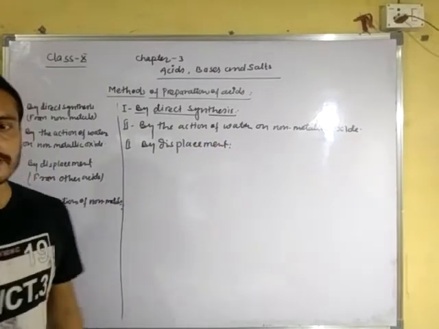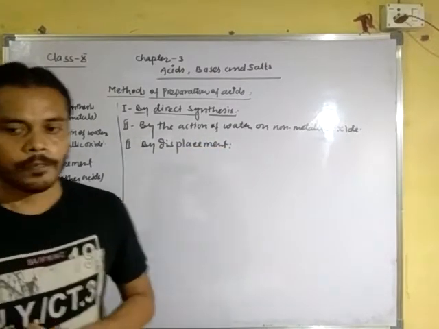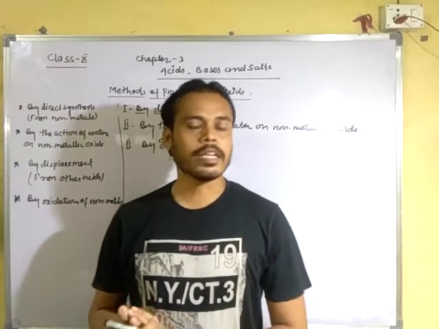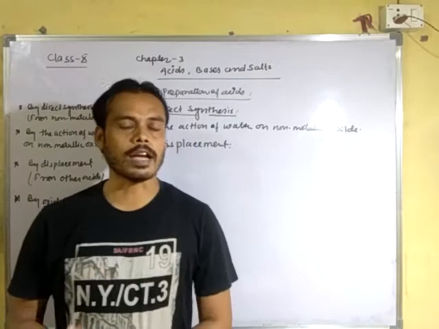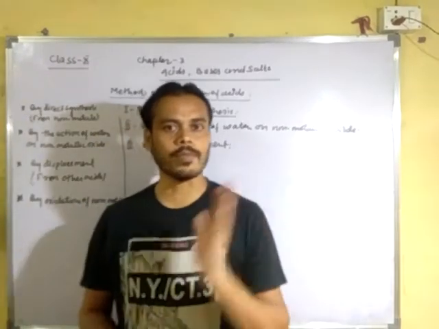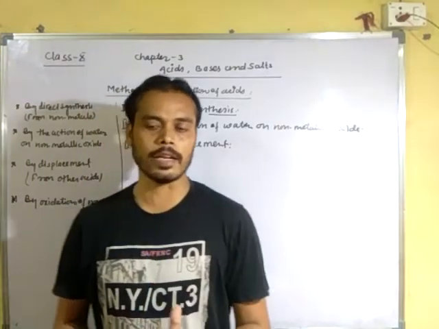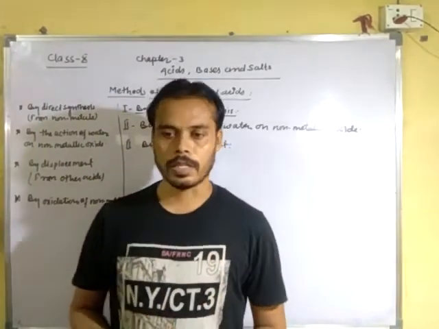In this reaction, when a low volatile acid is treated with some salt like sodium chloride or sodium nitrate, it forms a high volatile acid like HCl and HNO3.